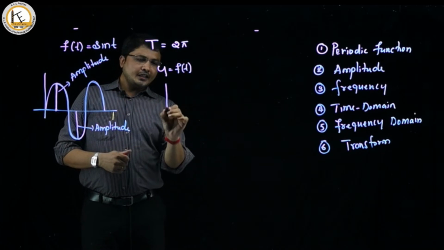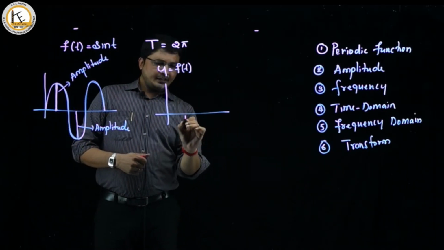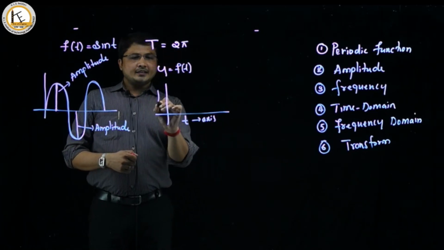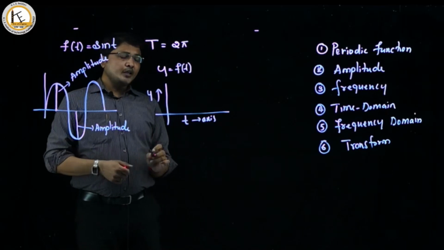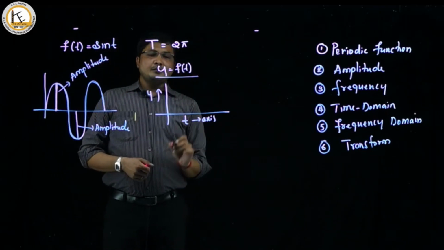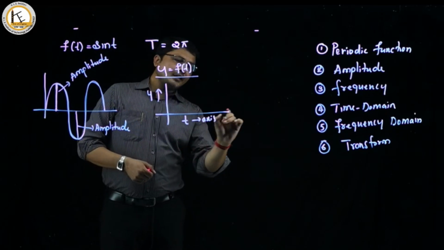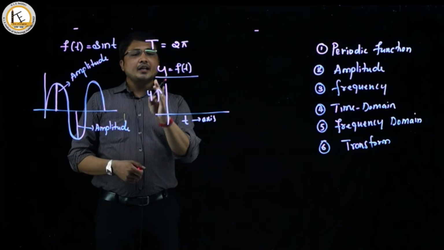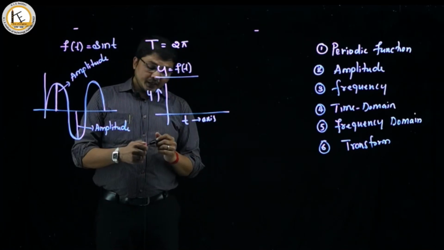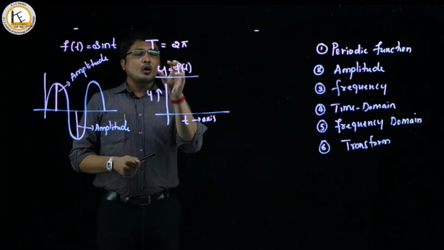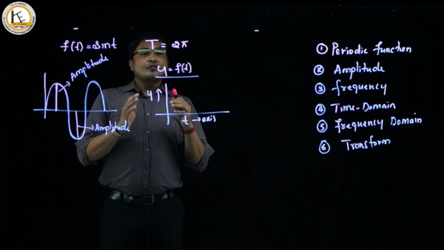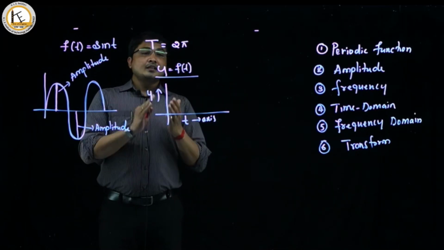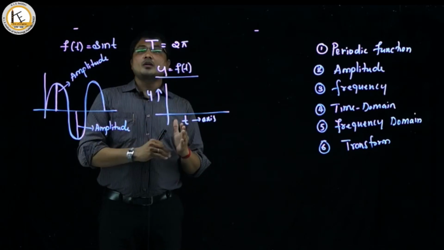Graphically we represent it as, I will take this axis as the time axis and this as y. So for this particular function, y changes with respect to time. As the time changes, definitely y also changes. In a simple way, the properties of the function change as time passes. It means that the properties depend on the time.